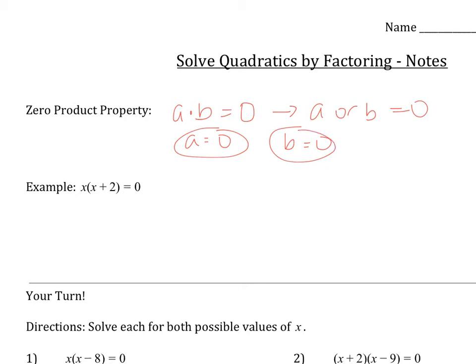So looking at this example, if I have x times x plus 2, then either x would have to be 0, that first part, or that second part, x plus 2, would have to equal 0.